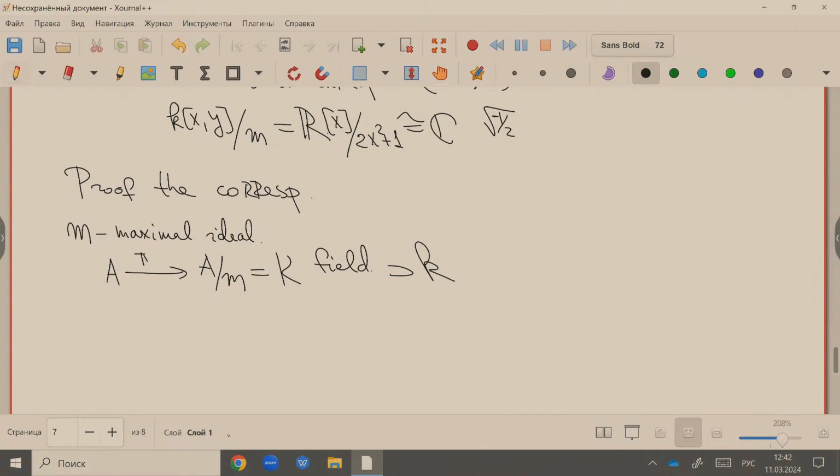But notice that A is a finitely generated algebra.